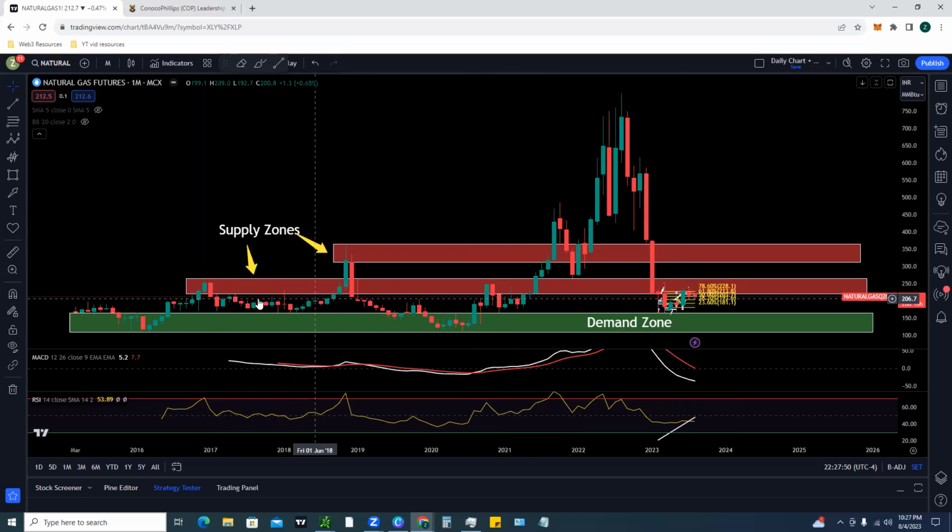We consolidated for years, about 2.5 years in between these supply and demand zones. So all this is really is a lot of healthy consolidation in between these levels, and we haven't made any major moves since the beginning of the year in January, when natural gas had its huge plunge down in price.